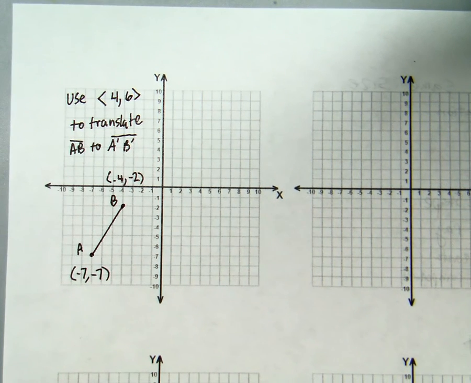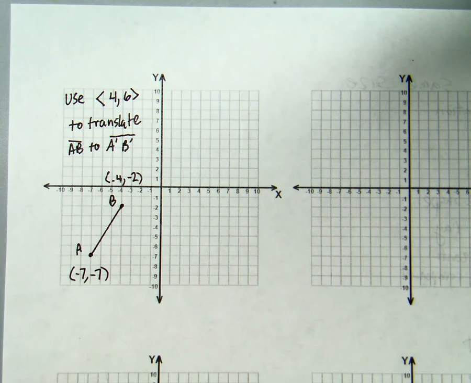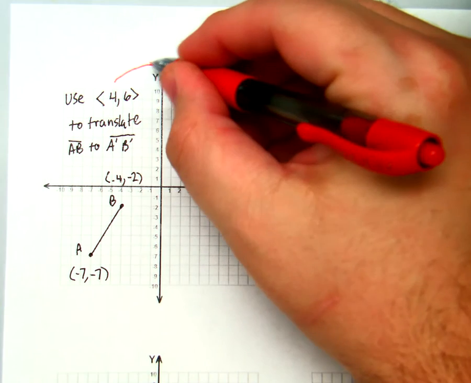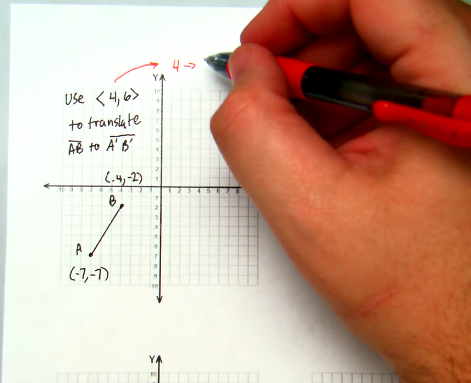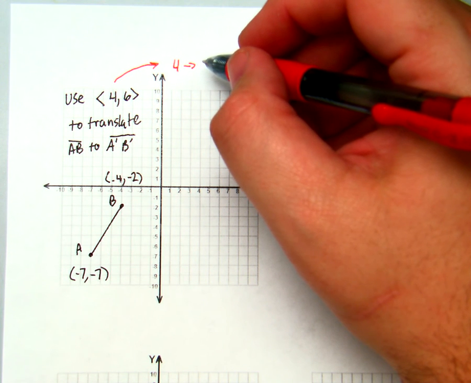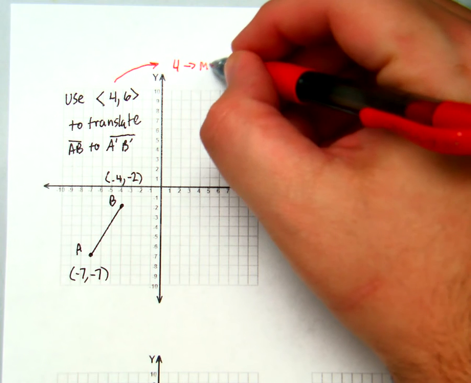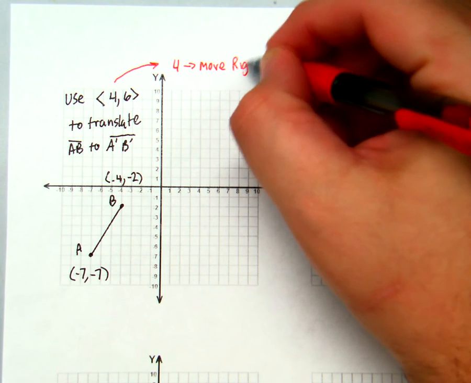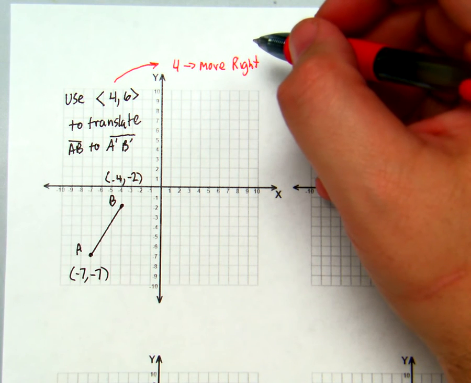Alright, now, what does the 4 represent? It's the x, so is this going to be a right or a left? It's positive, so we're going to move in a positive direction. And since it's the x-coordinate, we're going to move to the right.